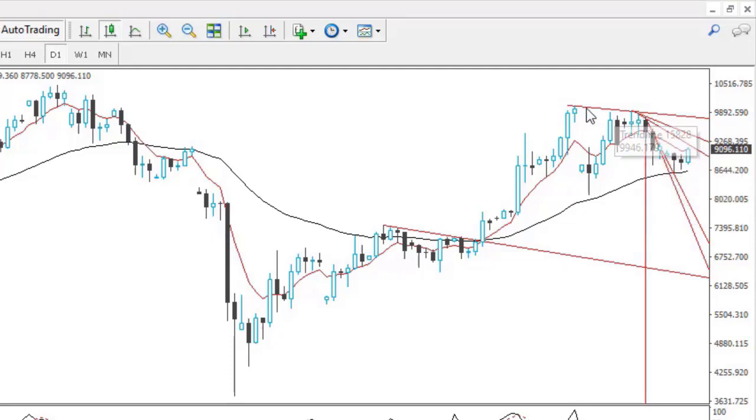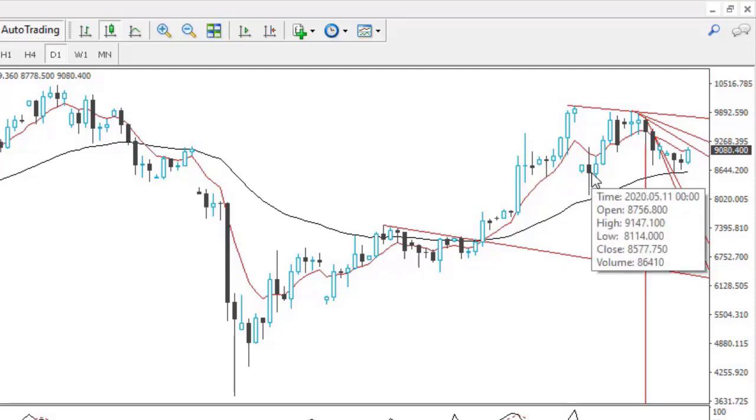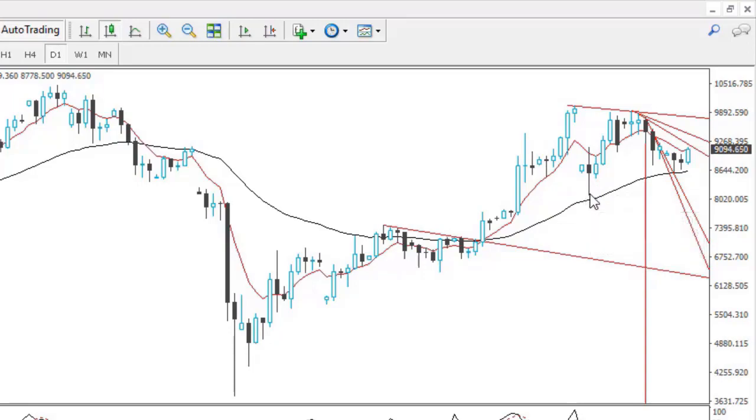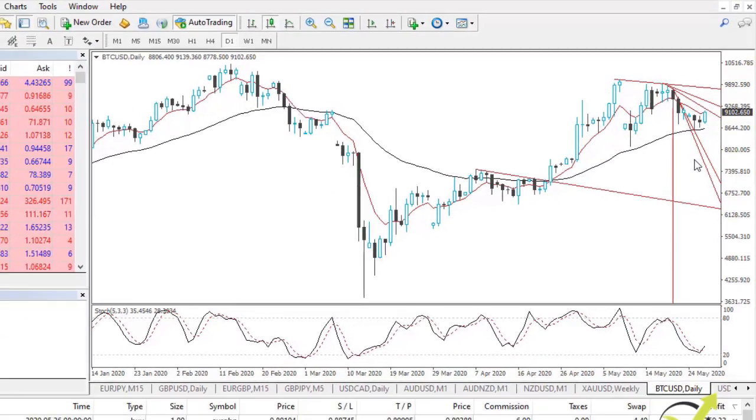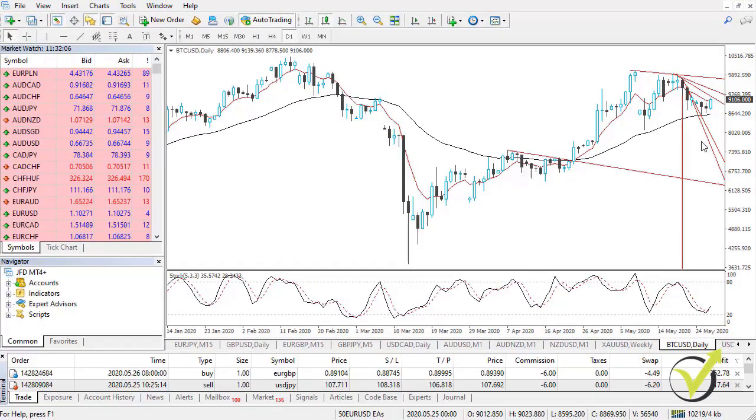Even this high is lower than that one, but if this low gets broken, we are in a downtrend, okay? Because we will have a lower high and a lower low. Until this low, the level is 8,114, is broken, I'm looking to buy. If it gets broken, I will be looking to sell, okay?